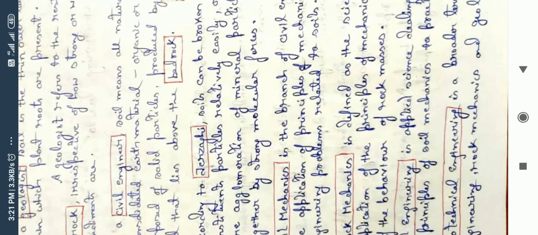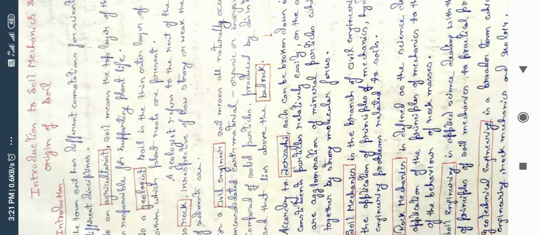Now, after knowing about the soil, let us define the term soil mechanics. See, soil mechanics is the branch of civil engineering that concerns the application of principles of mechanics and hydraulics to the engineering problems relating to soils, right?